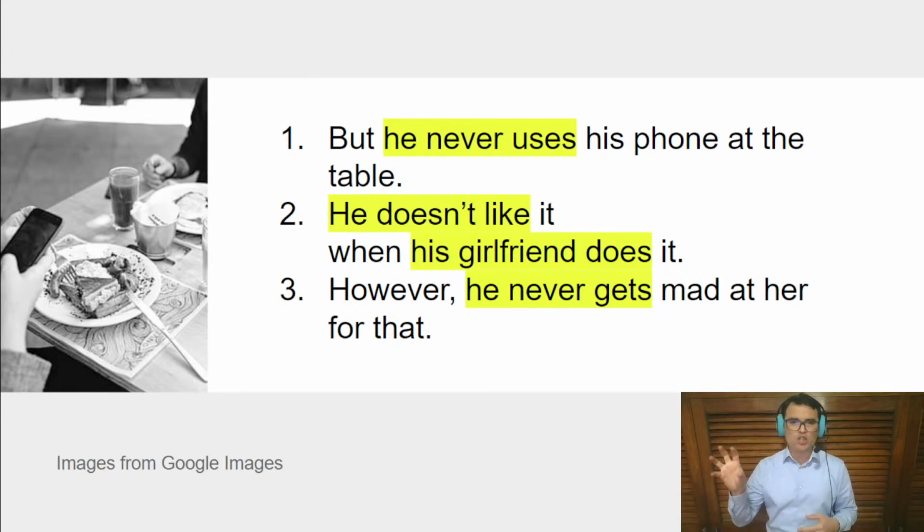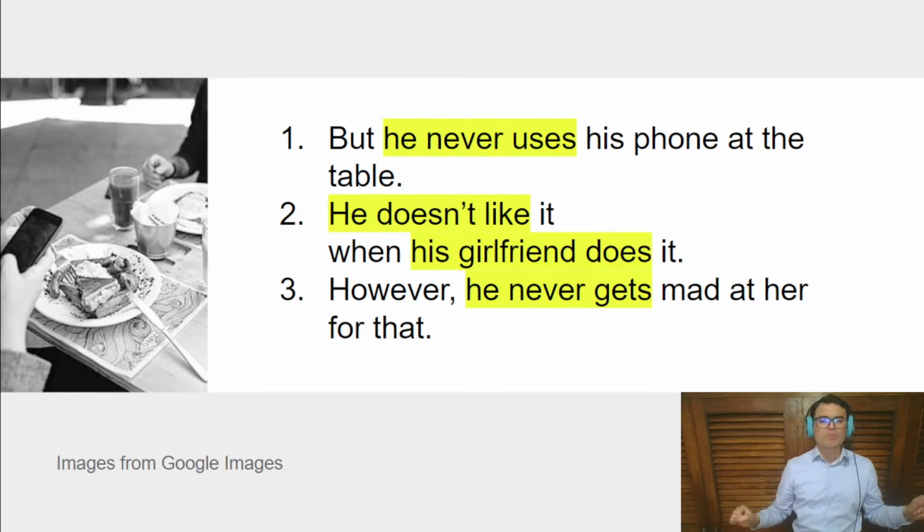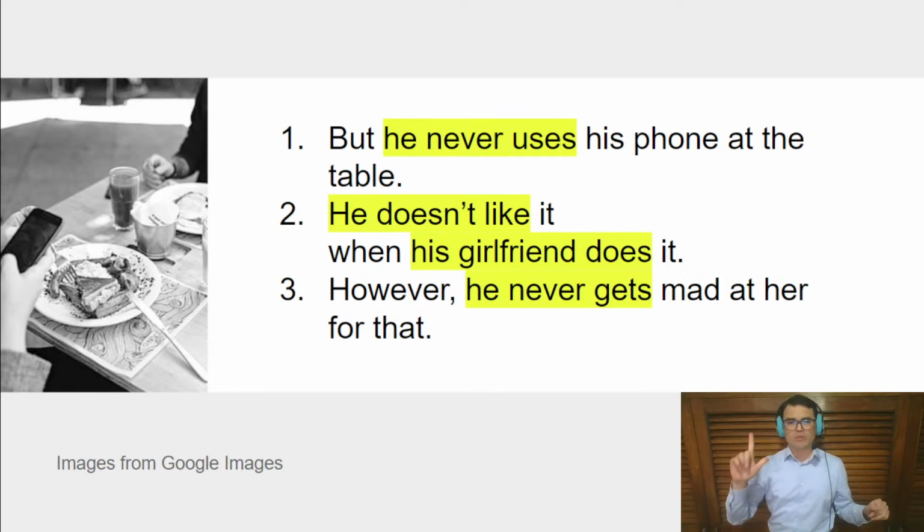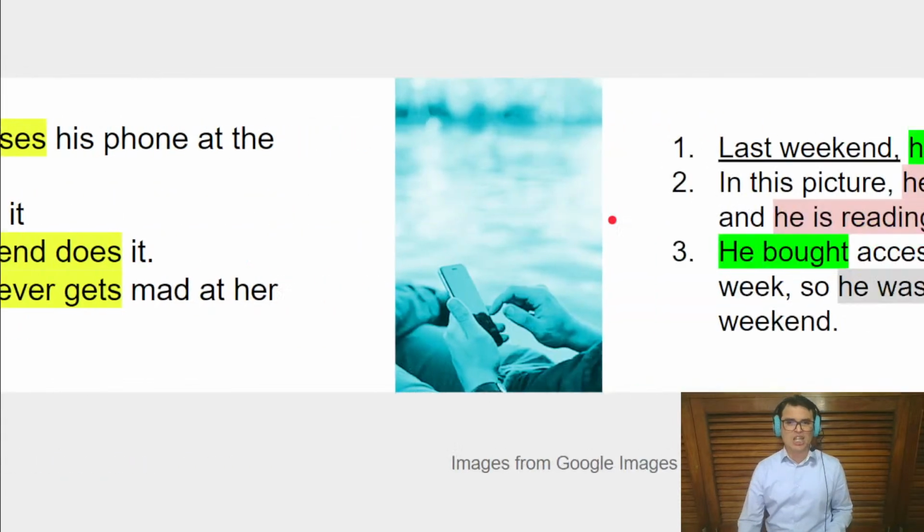So that does is replacing the idea that is in number one. Subject his girlfriend, verb does. Number three, however, he never gets mad at her for that. So subject he, frequency adverb never, and the verb gets in third person singular. Beautiful. So you use the simple present to talk about things that you always do, facts in your life.